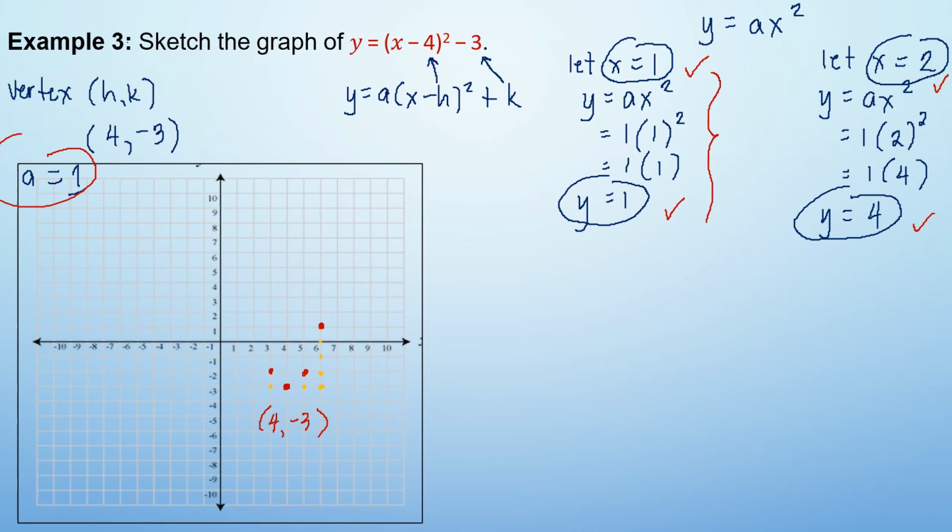For the next point, we need to move 2 units to the left and 4 units upward from the vertex. 1, 2, so 2 units to the left and then 4 units upward, 1, 2, 3, 4. So this will be the next point of the parabola. Now we can connect the points by a smooth curve.